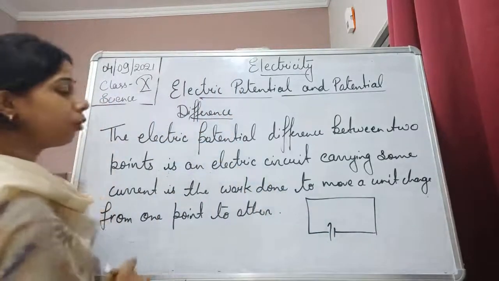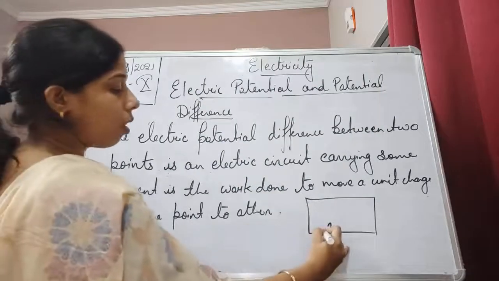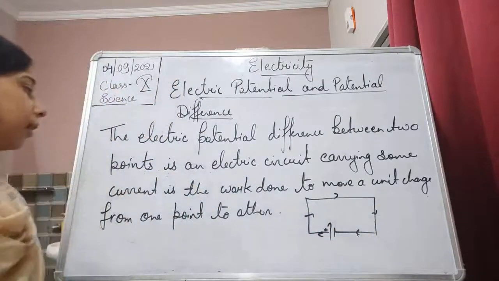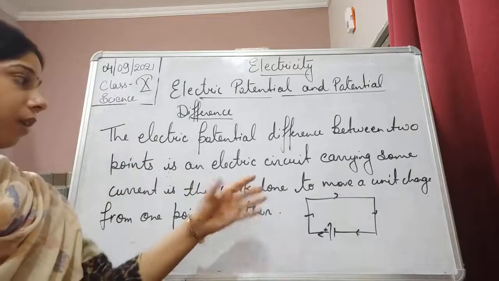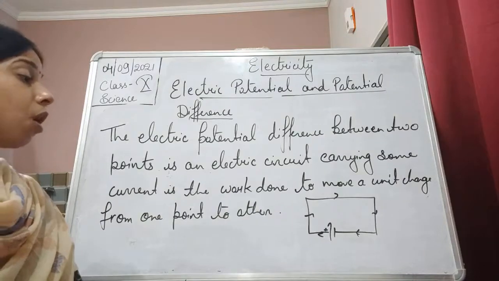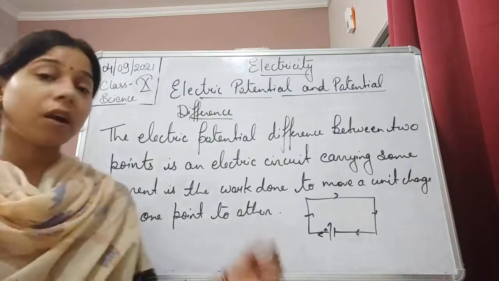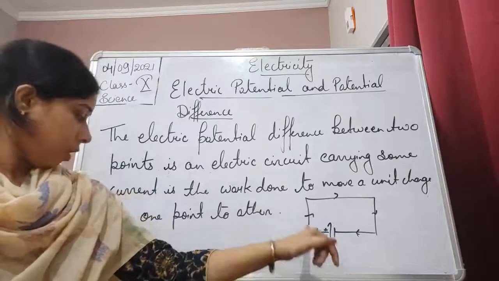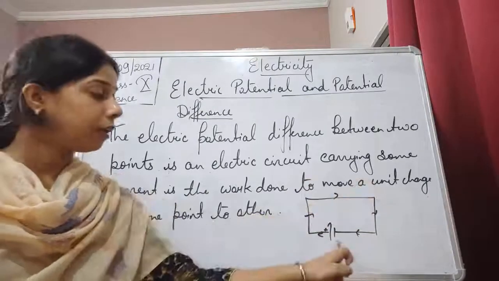So we can say here that the work done, electric potential difference is what? It is nothing but when an electric circuit is there, which is basically carrying a current, the work is done to move a unit charge from the plus to the minus, from one point to another point.